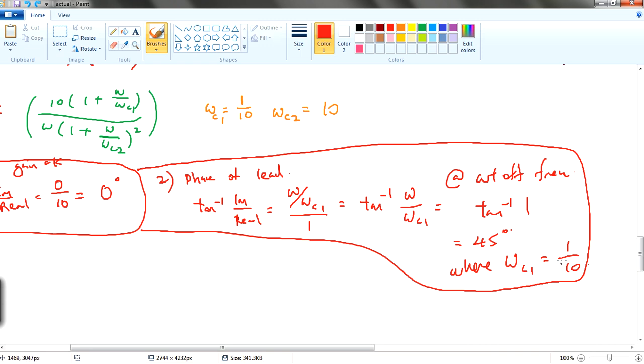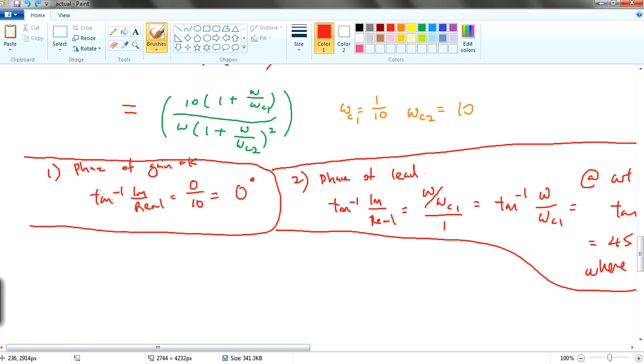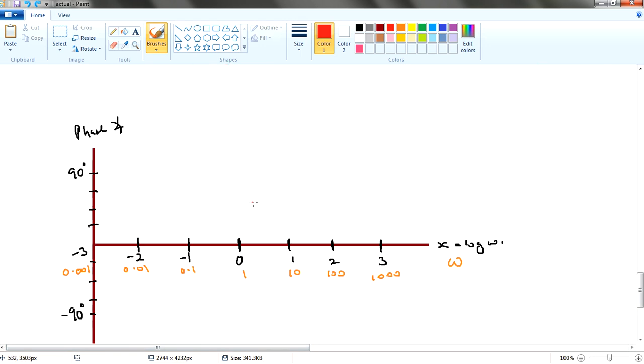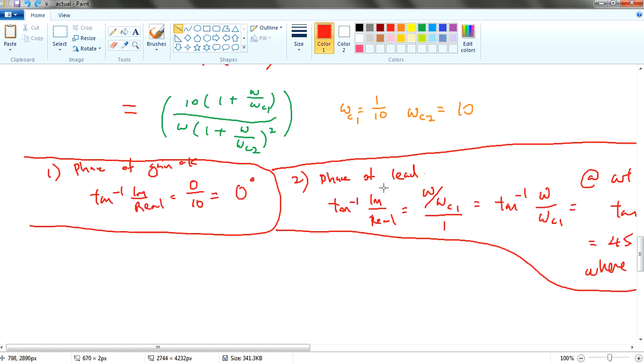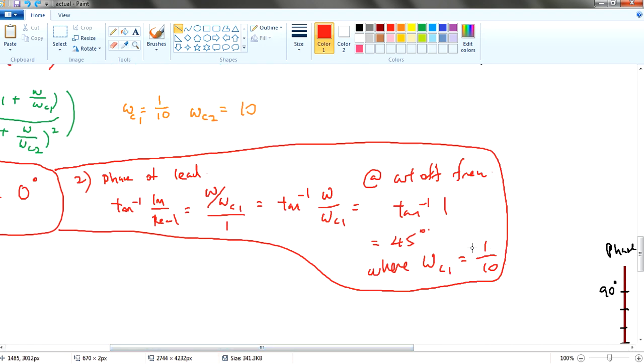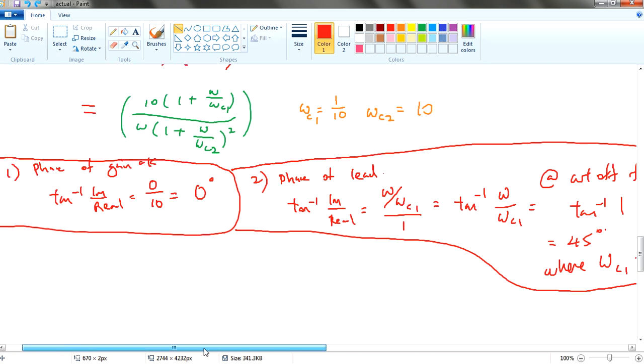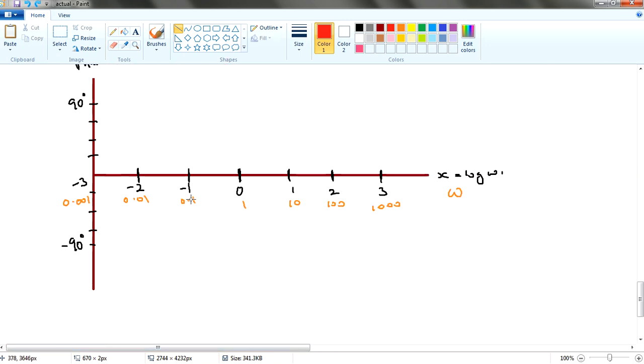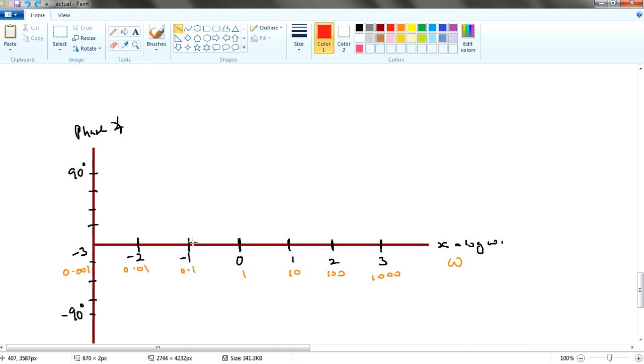And my cutoff frequency is actually 1 over 10. I actually forgot to plot the phase of gain, because 0 degrees is just one straight line. The phase of the gain is just one straight line. There's nothing much for me to draw. As for the phase of the lead, it started off at a cutoff frequency of 0.1, and it's growing at 45 degrees per decade.